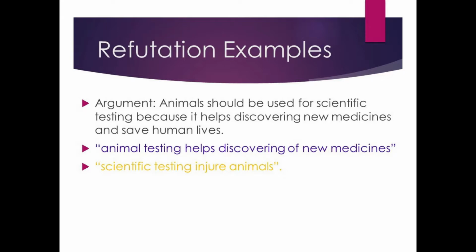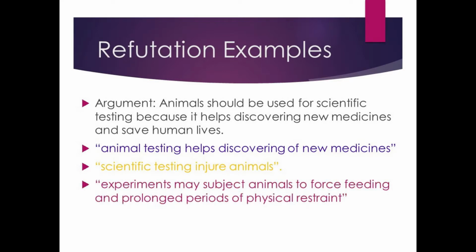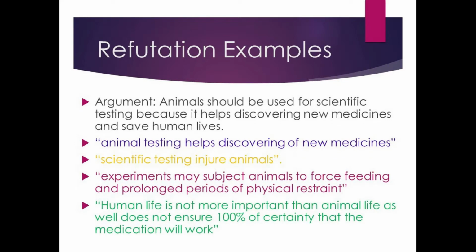Third, you should present a reason to this counter-argument, which could be: experiments may subject animals to force feeding and prolonged periods of physical restraint. Fourth and finally, you could show why your counter-argument is more relevant, saying human life is not more important than animal life.